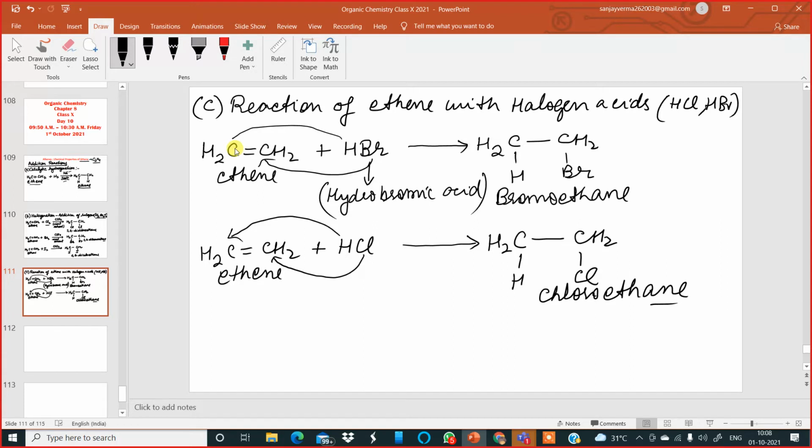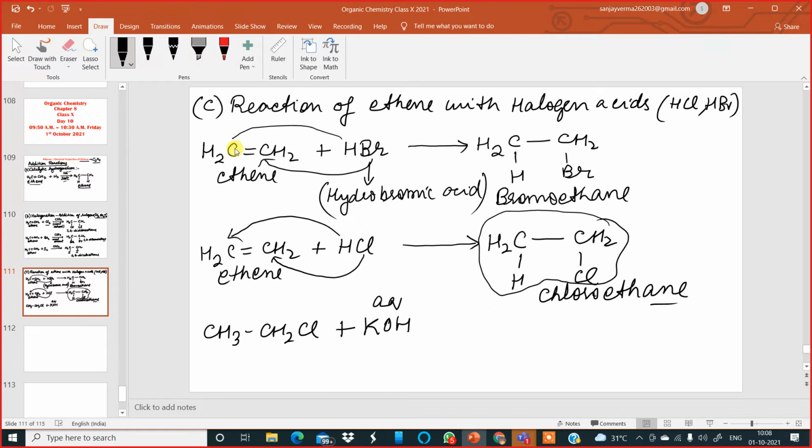Now say, for example, if I catch hold of this chloroethane, I will write the formula CH3CH2Cl, chloroethane, and react it with aqueous potassium hydroxide solution.